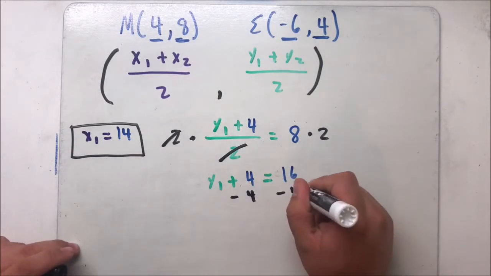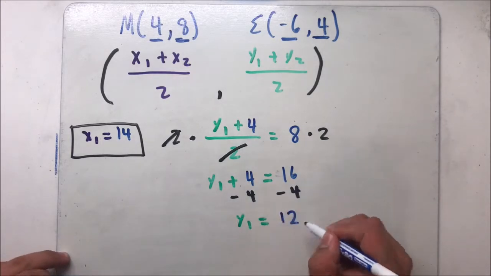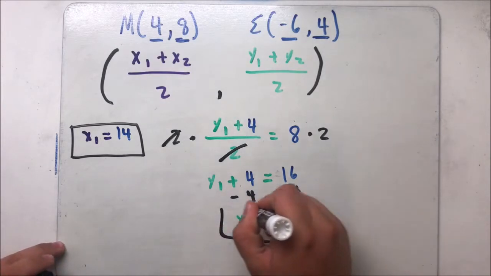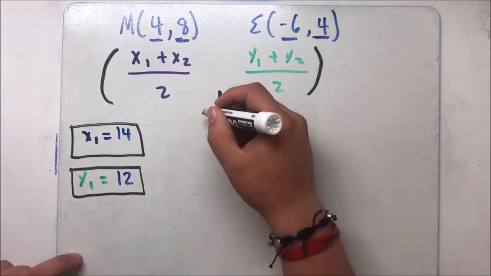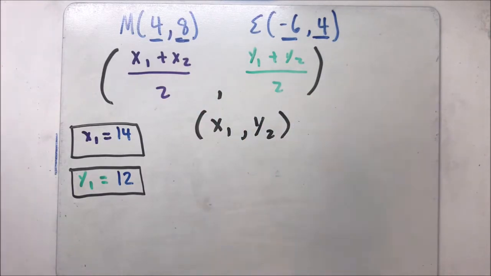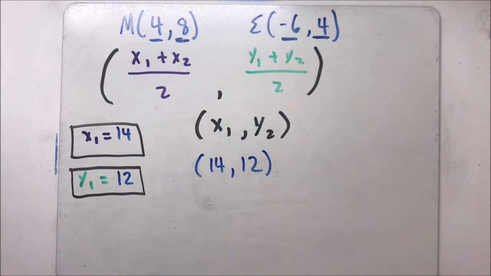After that, you want to subtract 4 from both sides, so you're left with y1 equals 12. Now your final answer should be (14, 12).